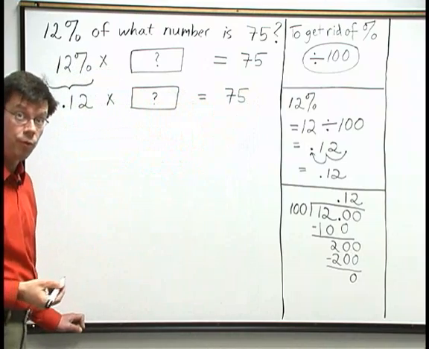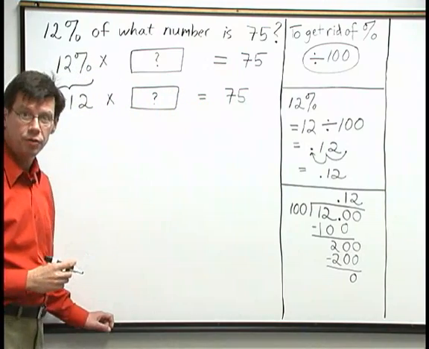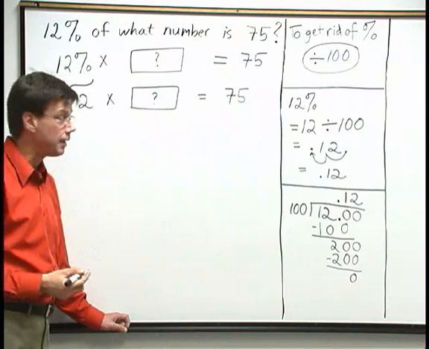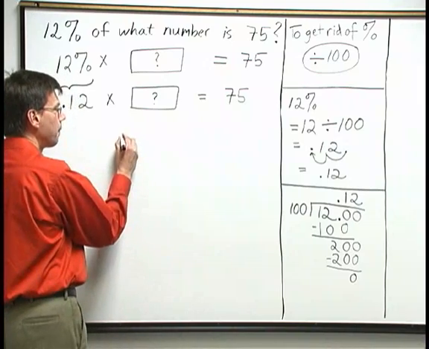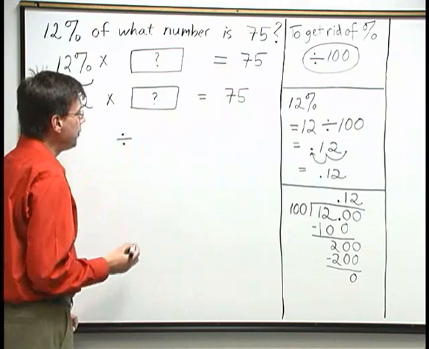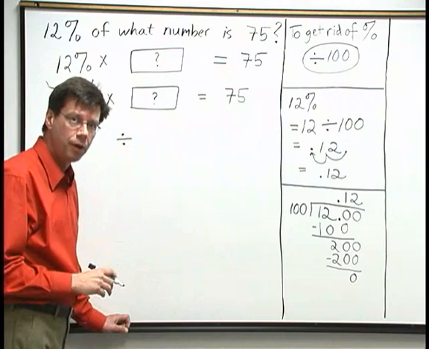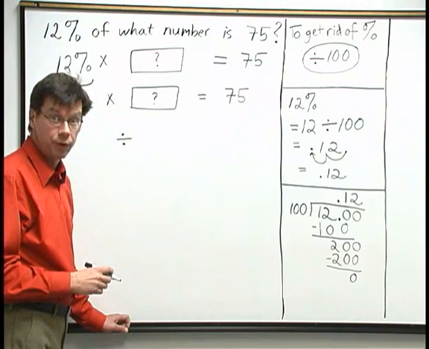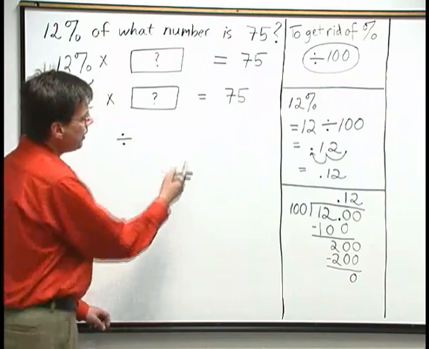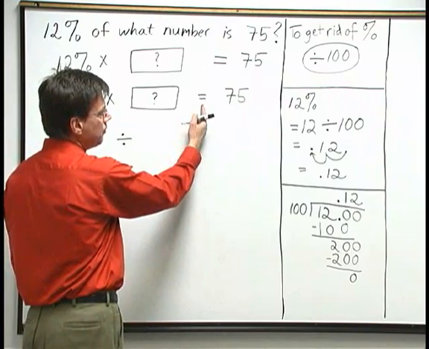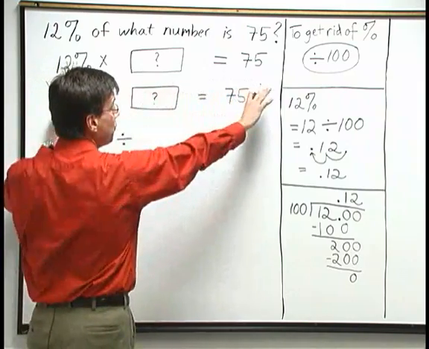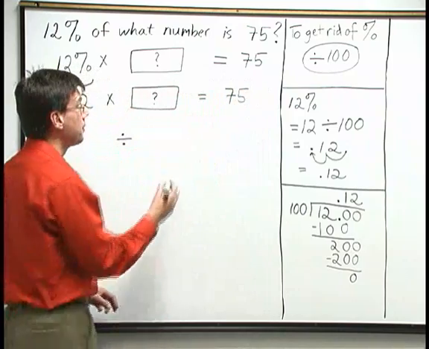Now, as I said before, because we're missing a number to multiply, we're going to divide to find the answer. But in order to set up the division problem, we need to be careful about which number we write first. The equal sign in the multiplication problem separates the multiplication problem into two parts.